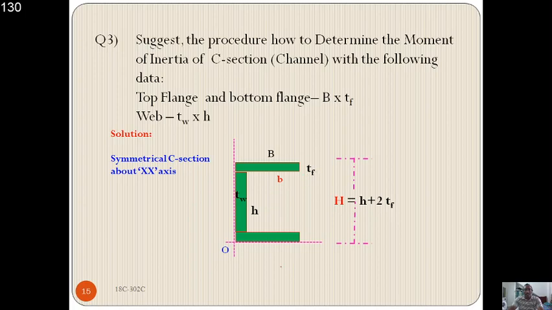The same dimensions hold good for the bottom flange also. This is also B and this is also TF, where the thickness of the web is TW and the height of the web in between the flanges is small h. Therefore, the capital H is equal to small h plus 2 times TF.